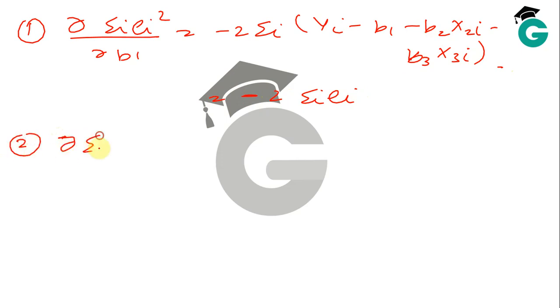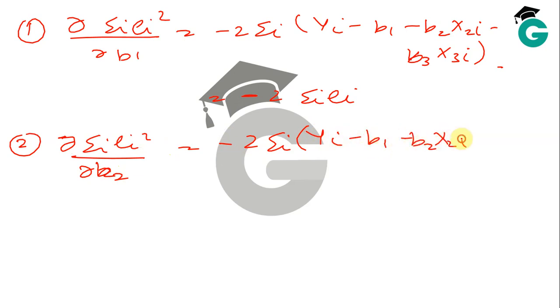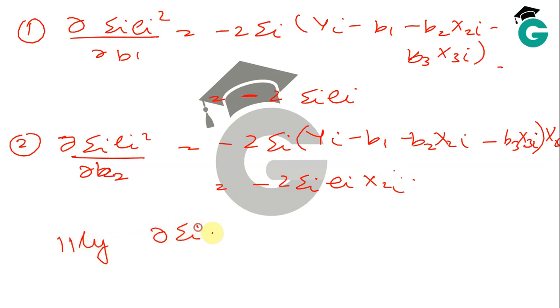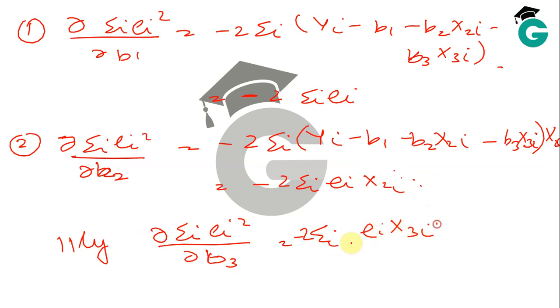Second is del summation i ei squared by del b2, which is equal to minus 2 summation i, yi minus b1 minus b2 x2i minus b3 x3i, into x2i. This is going to be minus 2 summation i ei x2i, right? Similarly, del summation i ei squared by del b3 is going to be minus 2 summation i ei x3i, just like this one.